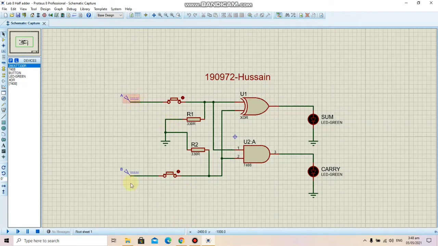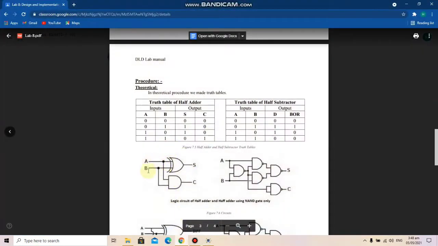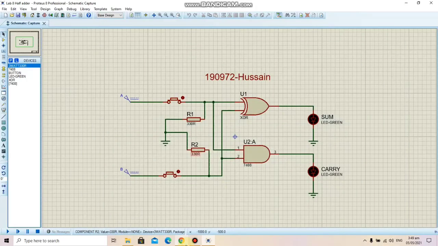You can see the inputs A and B and the outputs sum and carry, the XOR and the AND gates, the push buttons to toggle the inputs, and the resistors to prevent the accumulation of charges on the gate pins. The XOR gate is connected to the inputs A and B, and the AND gate is also connected to the inputs A and B. The XOR gives the output sum and the AND gives the output carry.